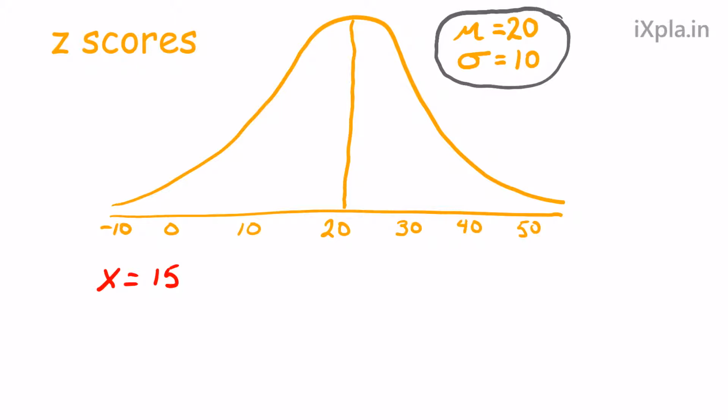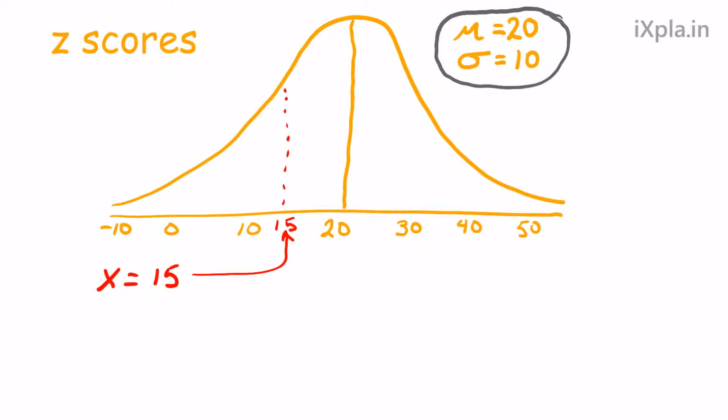Now, what I'm interested in doing here, and this is why we're interested in using z-scores, is z-scores allow us to take advantage of the known properties of this normal curve. So if I have a score of 15 on a given measurement, and I want to know how well I did relative to other people on this measurement, first thing I want to do is locate my score in the normal distribution.